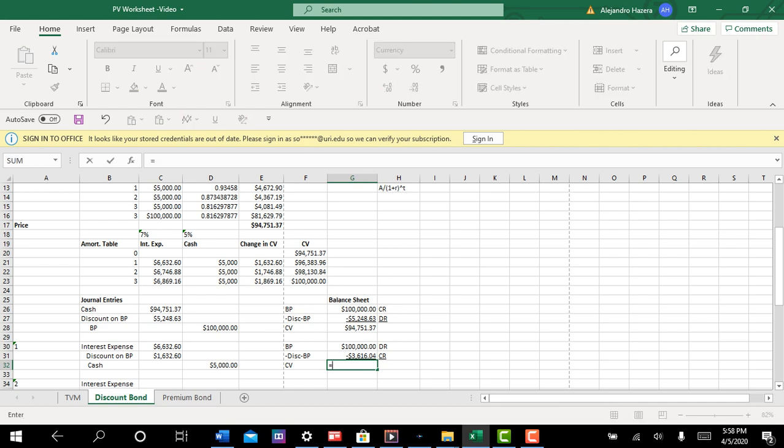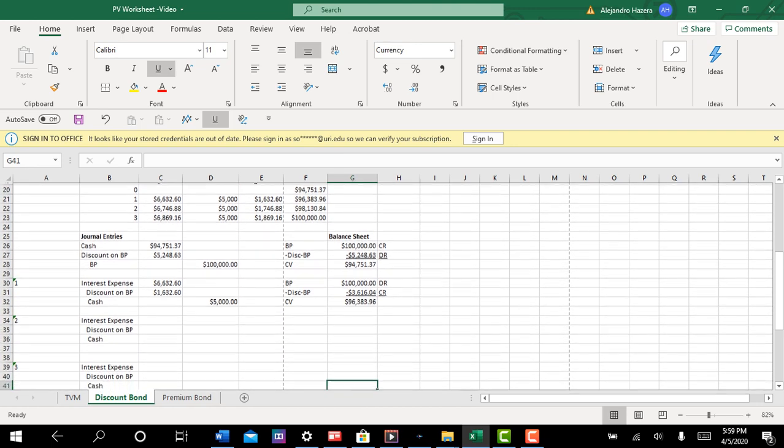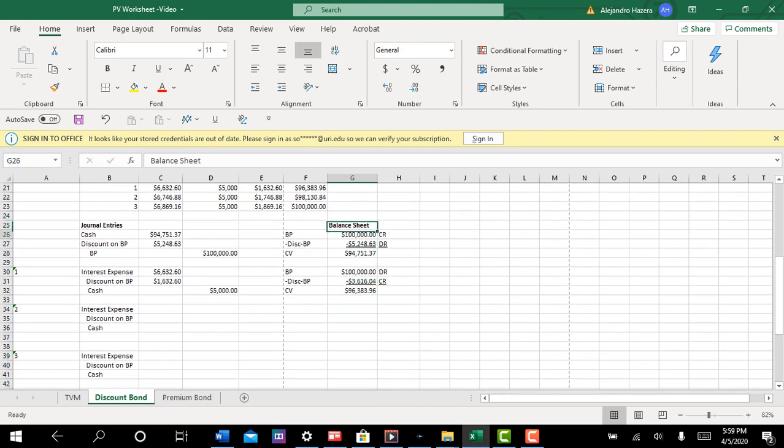So if I take the bond and add back my decreased carrying value from last year, I'll get a carrying value of 96,383. I have to emphasize that this carrying value on the balance sheet should equal the carrying value on your amortization table.